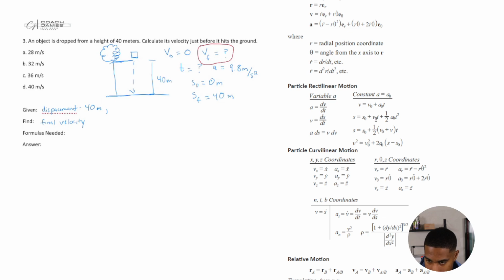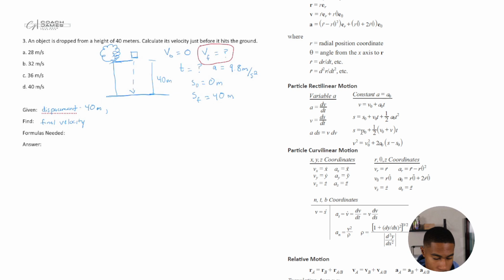Do we have V initial? Yes. Do we have time? No. Okay. So this one would allow us to solve for time. Let's see if there's a better one. But if not, we could solve for time and then use that to input into the other equation, where we wouldn't have two unknowns. But see if there's any other ones that we can use.